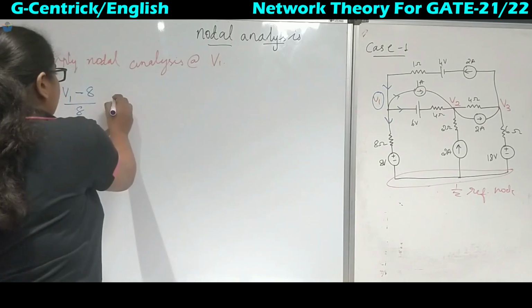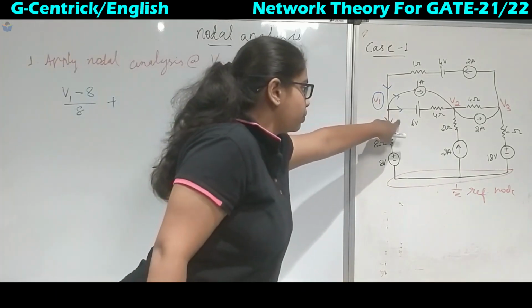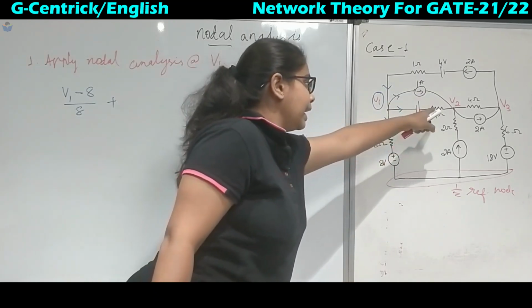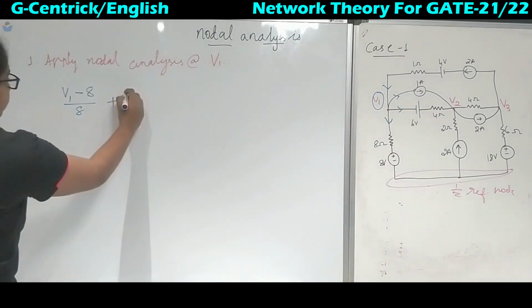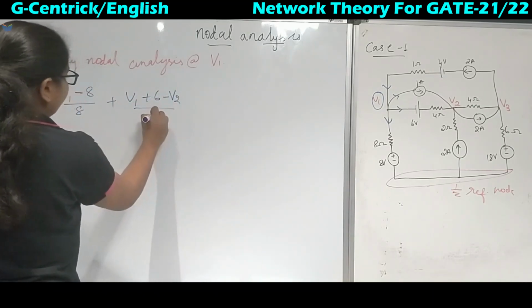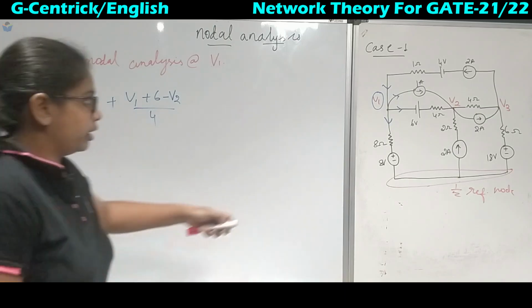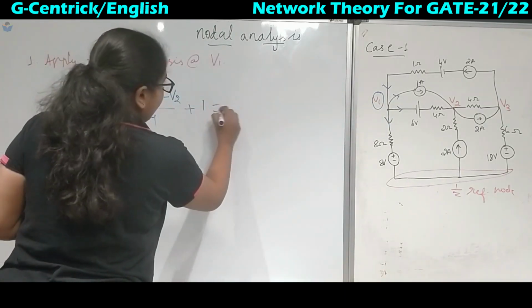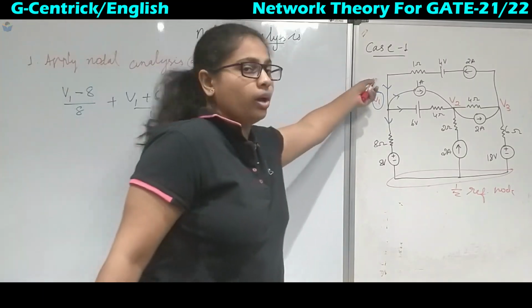Now plus, what is this? This is also outgoing. So V1 plus 6, taking the after sign, minus V2, upon the resistors in the branch. Next, this is outgoing plus 1, and incoming is 2 amperes.